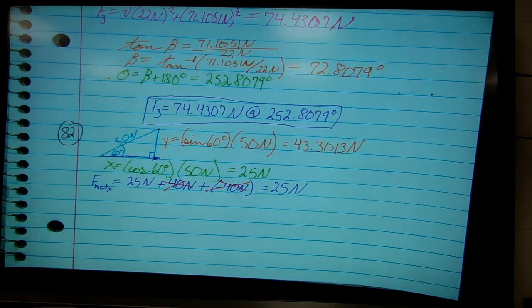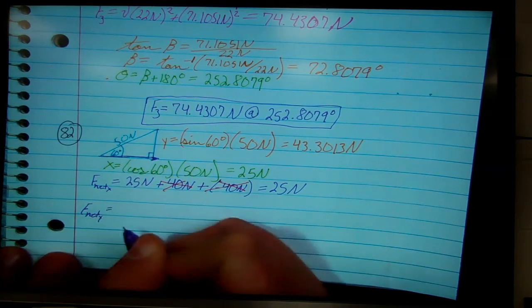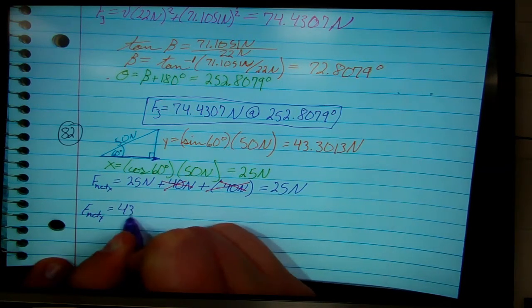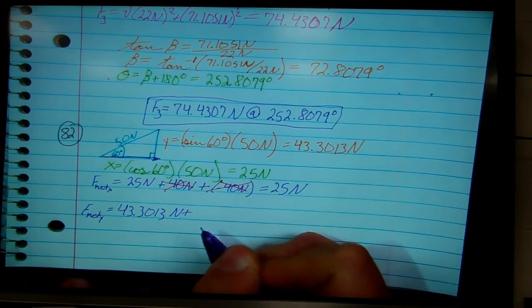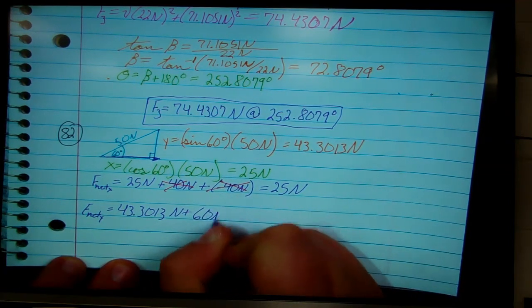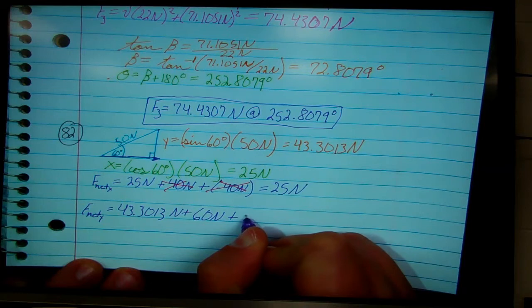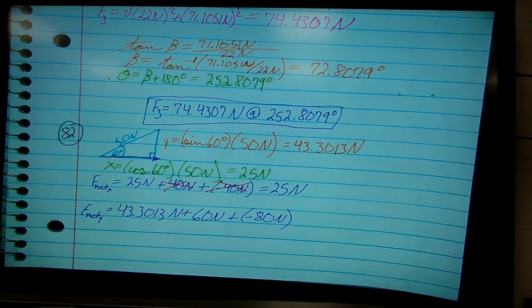Okay. So now we have to find the net force in the y direction. In this case, I'm going to start with this y up here that I solved for, 43.3013 newtons, plus 60 newtons going in the positive y direction, plus negative 80 newtons.